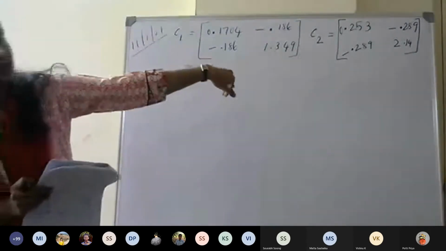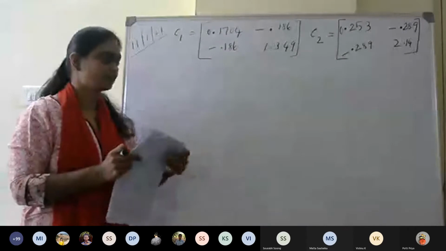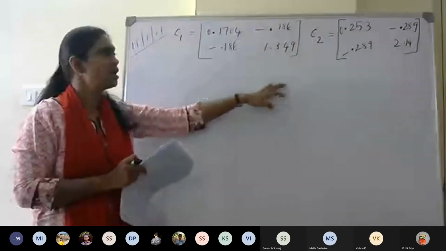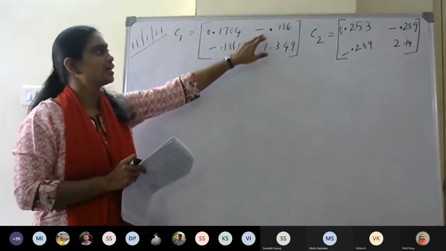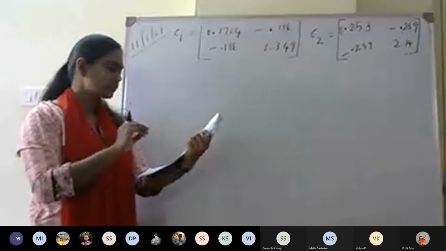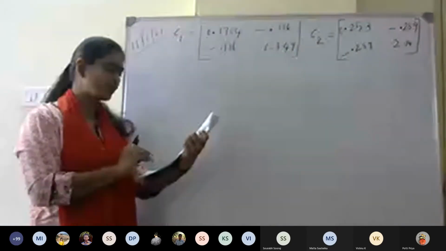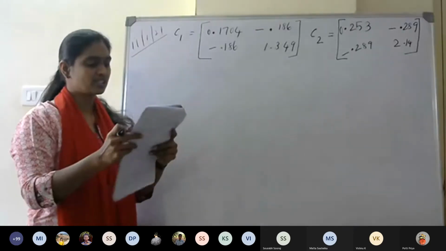Then 2.14. Yeah, here also it is 2.142. So C2 is almost exactly the same. For C1, this value is coming correctly for me. And here a minor calculation difference is there, because when we take more values after the decimal point, the value changes. So this value changes, okay?